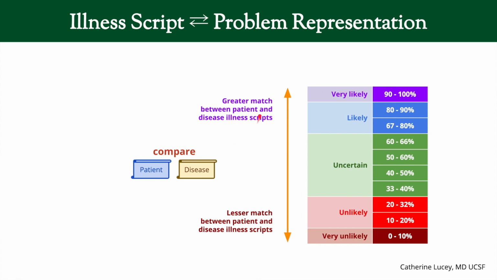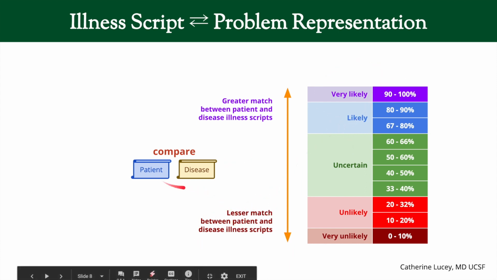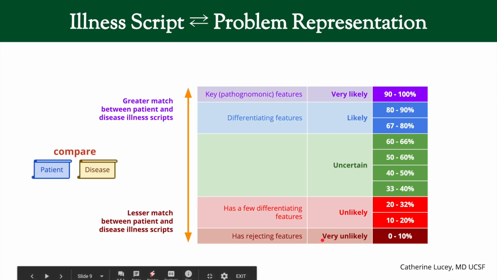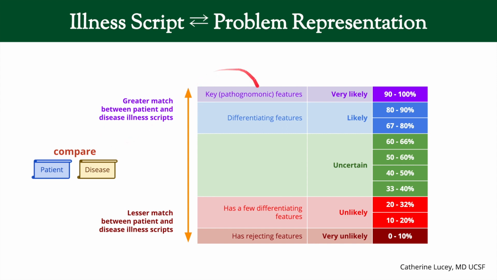And the greater the match between the patient and the illness script, the higher the probability is. And the lesser the match between a patient and the disease that we're considering, the lesser the probability is. And so how do we determine that? So we said that if there are key features, those are pathognomonic features, those are things that define a disease.